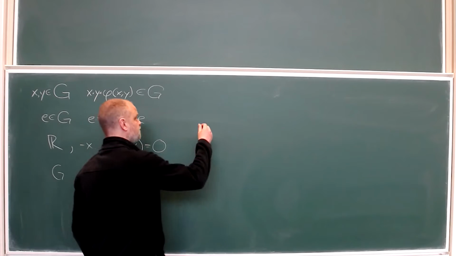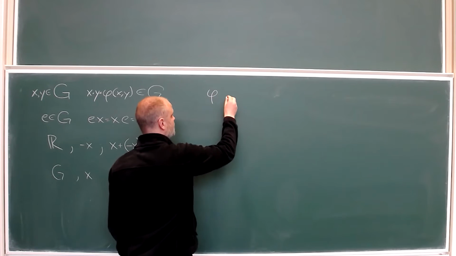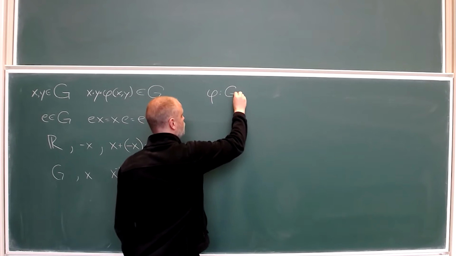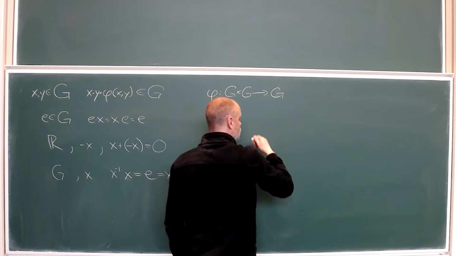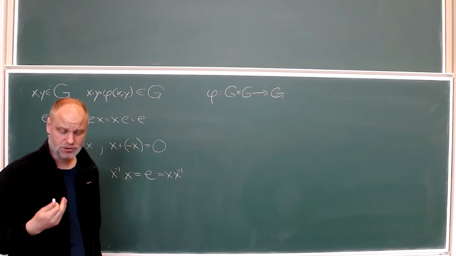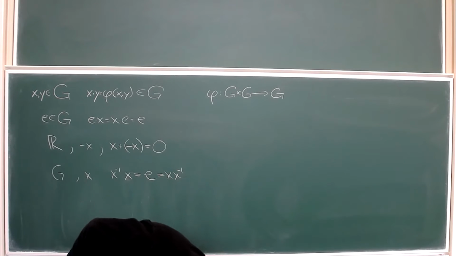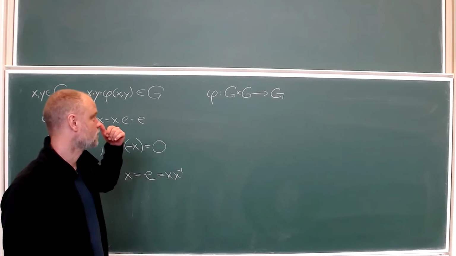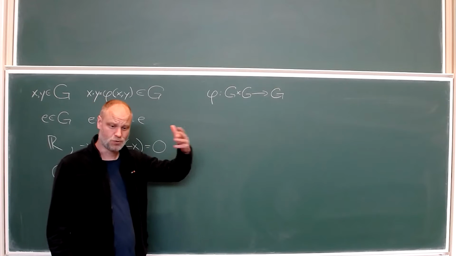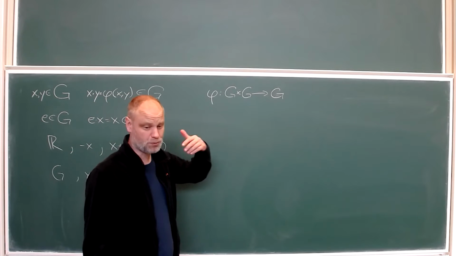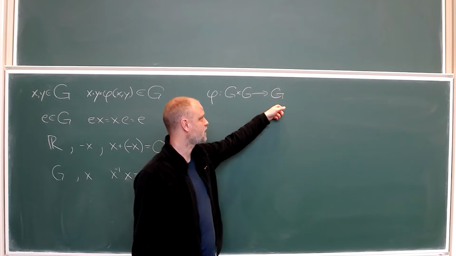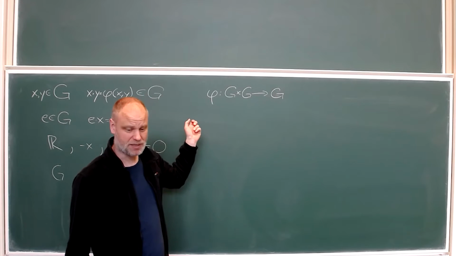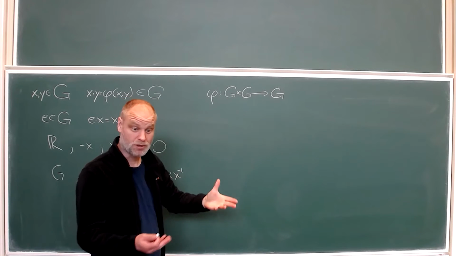What you want is that phi, as a function on G times G into G, is a continuous function. If this is set up right, you have a meaningful topology, and you want this group operation to be continuous. Technically, this just means that you take an open set, send it back, and you get an open set in the product domain.